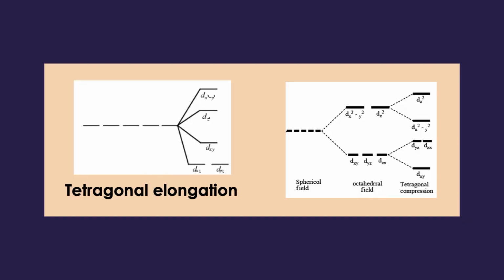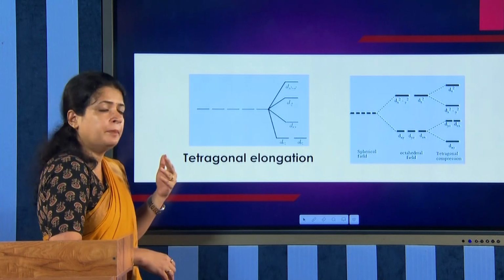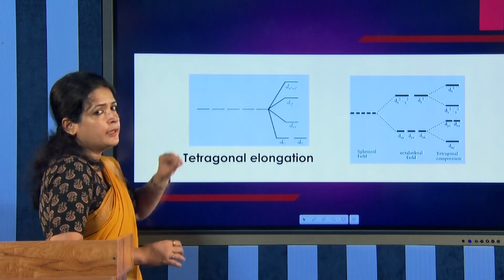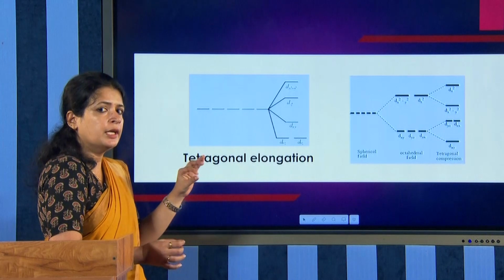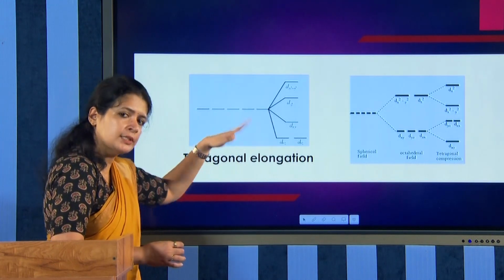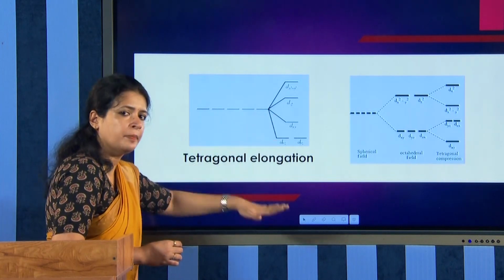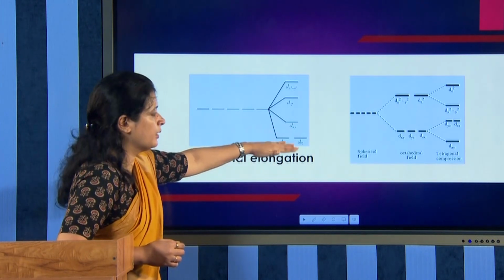We have 3 T2G orbitals, that is dxz, dyz and dxy. And in the T2G orbitals, how many have the z component? 2 have the z component, that is dxz and dyz. So, in the case of tetragonal elongation, those orbitals will have a still lower energy. That is why dxz and dyz occupy a very low energy when compared to dxy. And so, this is the case of the T2G orbitals.